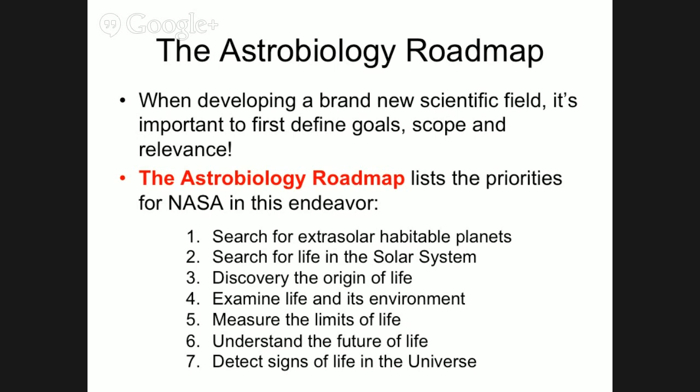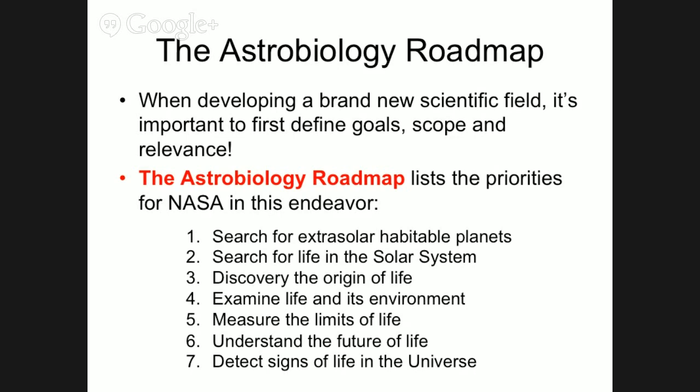NASA has developed this astrobiology roadmap, and I'm just going to flip through it real quickly. These are the big questions it asks: searching for extrasolar habitable planets, which is a key distinction we'll talk about in a little bit; searching for life in the solar system; discovering the origin of life here on Earth; and examining life and its environment, both the environmental impacts on life and life's impacts on the environment as well.